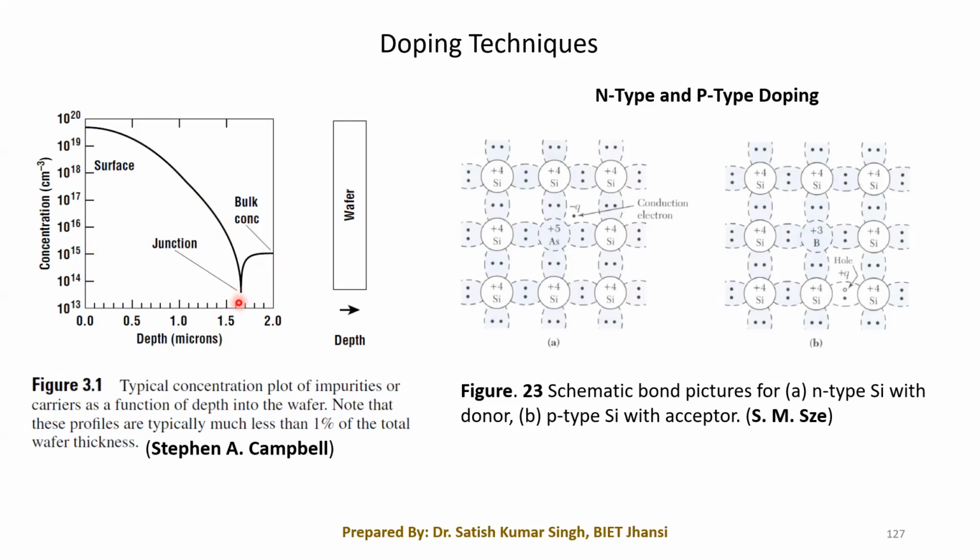The place where this happens forms a junction. As we know, when we have a p-type and an n-type semiconductor, there will be a formation of a junction, and on both sides of the junction there will be a depletion layer. So the junction is the point where the substrate impurity concentration and the concentration of the dopant that we are adding become equal.